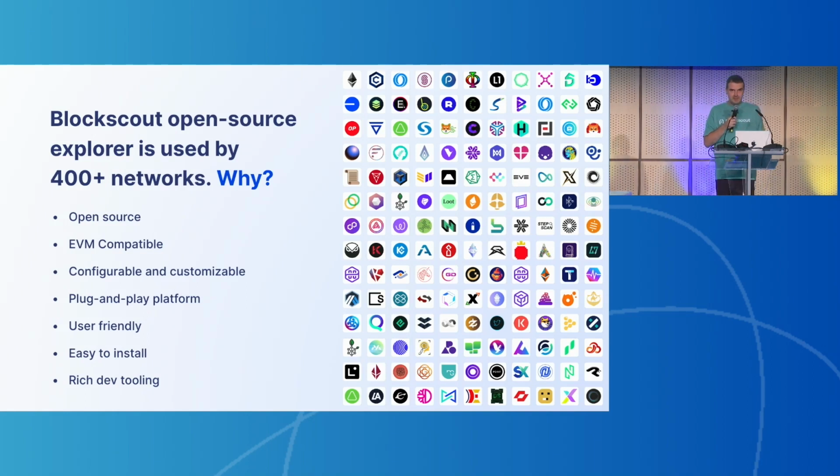So BlockScout is the leading tool. We have more than 400 chains and rollups which are using it at the moment. And the secret why it's the most used one, I think, is because of what we think about the distribution model. It's open source, so anyone can take it using a permissive license. It's compatible with all different flavors of EVM.